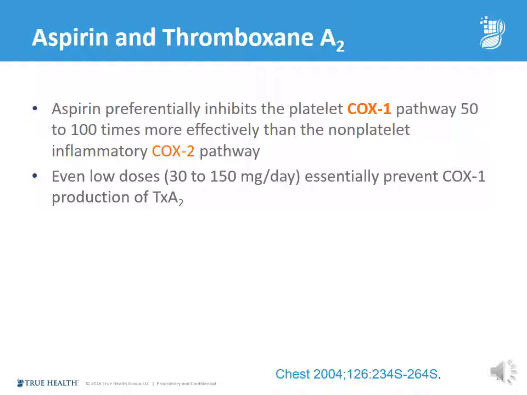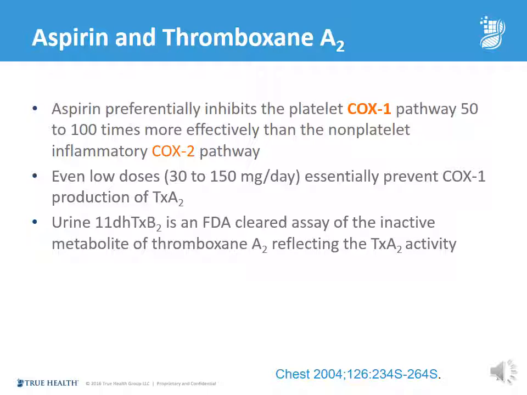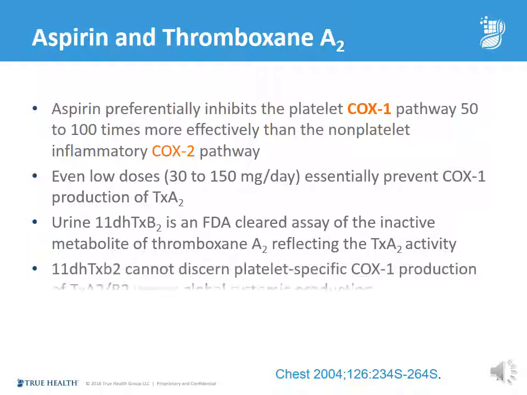Even low doses are all that is necessary to reduce thromboxane A2 production. Now, urinary 11-dehydrothromboxane B2 is an FDA-cleared assay, and clearly it is a biomarker that looks at the metabolite of thromboxane A2, which reflects thromboxane A2 activity on platelet hyperreactivity.